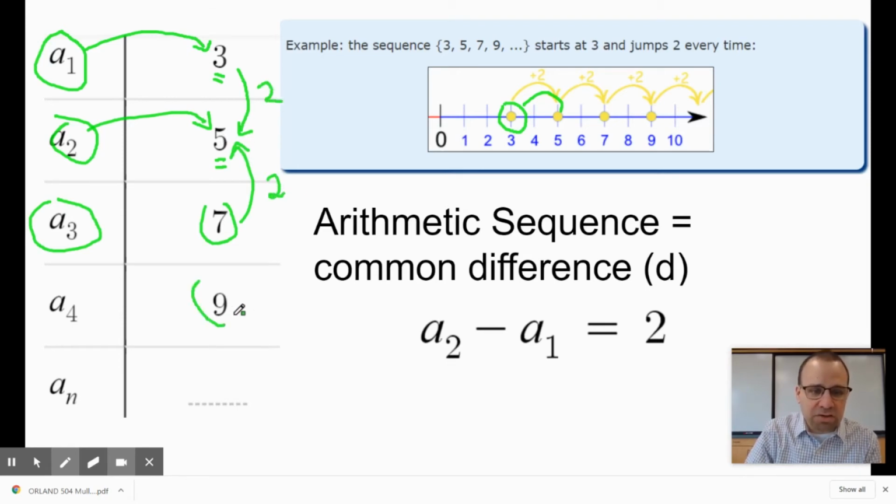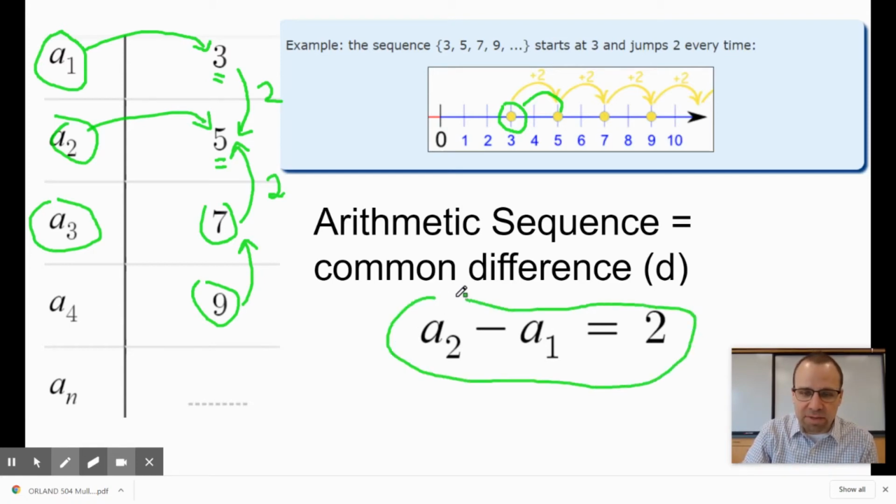It doesn't matter which two terms you use, but they do have to be right next to each other, and you always go with the higher term first. So you could do A sub 4 minus A sub 3, or A sub 3 minus A sub 2. And I just did the second term minus the first term. That gives you what is called the common difference, and that will be the variable D.